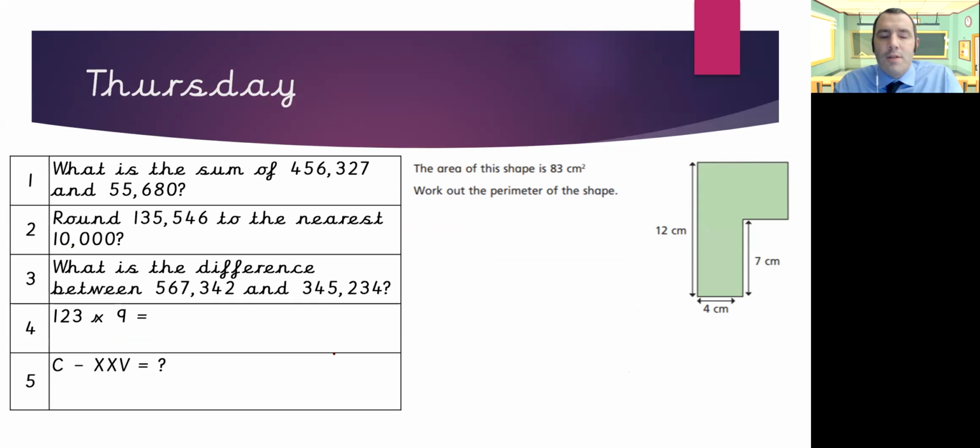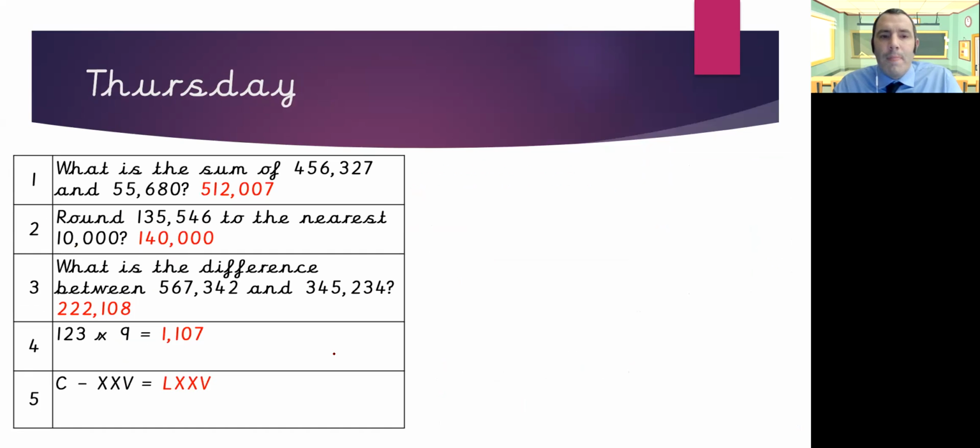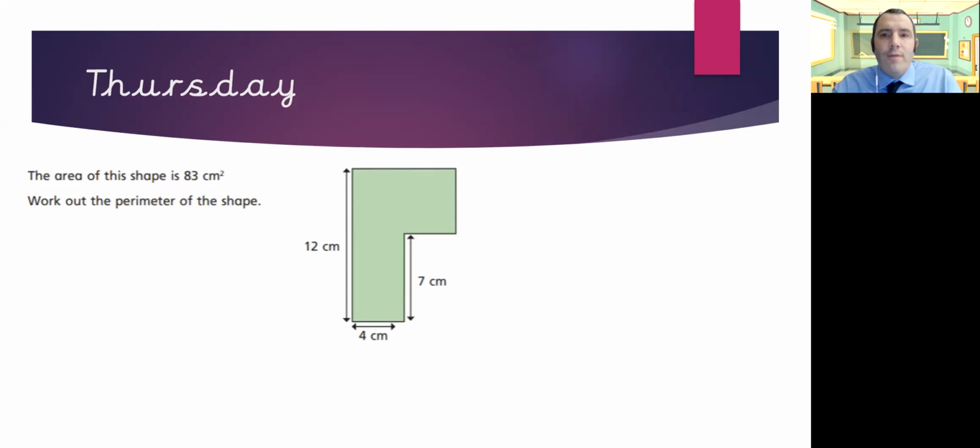Okay, here come your answers for the arithmetic. Check your answers here. We'll move on and answer the reasoning question next. So we have our perimeter to work out for this shape. So what we need to do is look at the information that we have got. I know I've got 12 centimeters, 4 centimeters, and 7 centimeters.